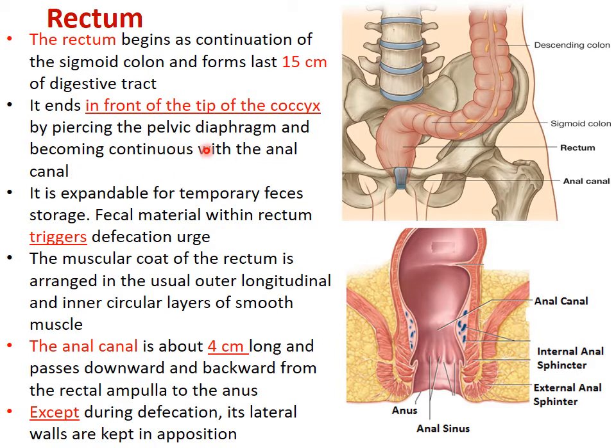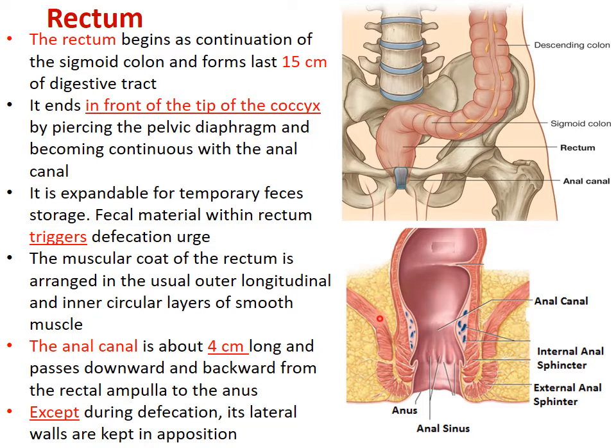The next part after the rectum is the anal canal, but here it is showing the exact location of the rectum. It is in front of the tip of the coccyx. The coccyx, we can palpate it, the last vertebra of the vertebral column, right? So it is in front of that, inside the pelvis, and it pierces the pelvic diaphragm.